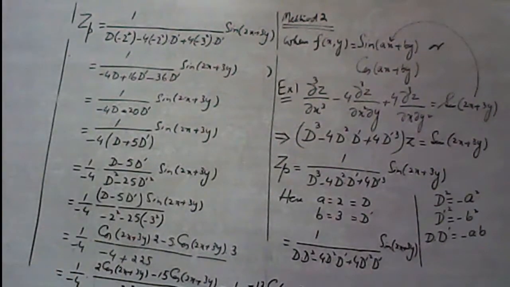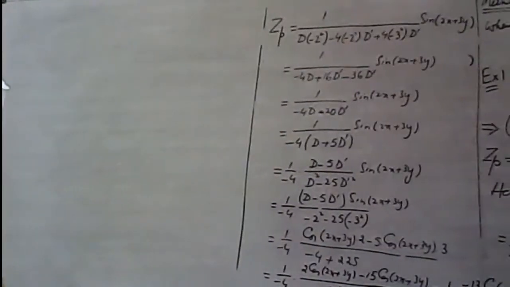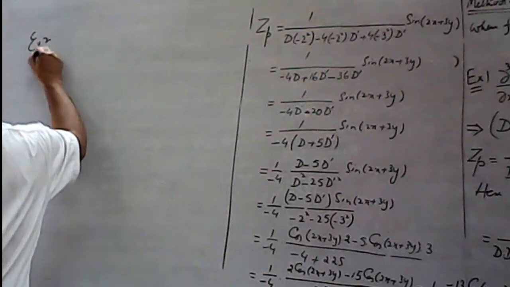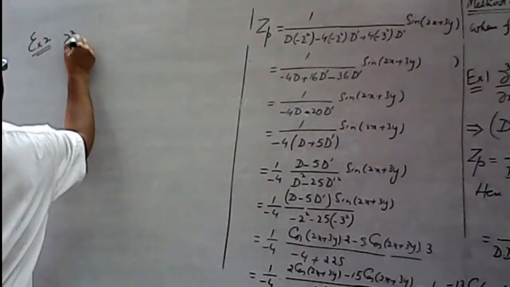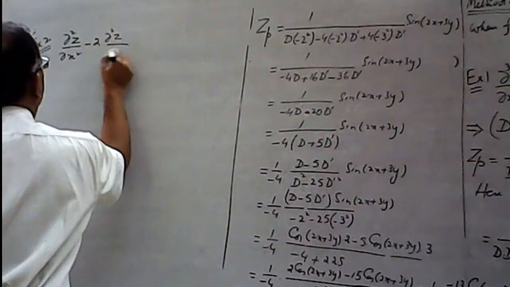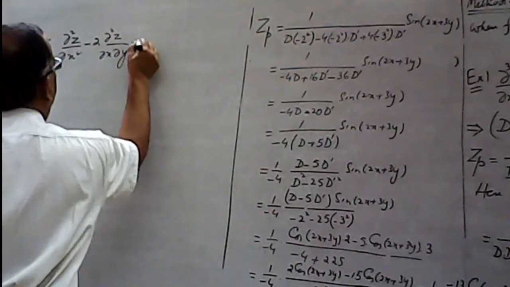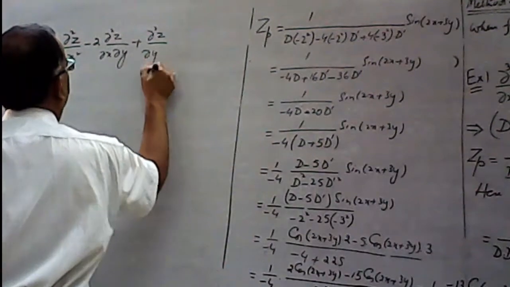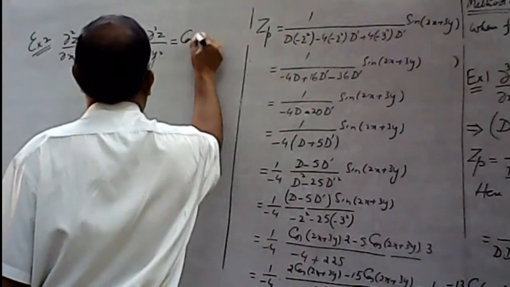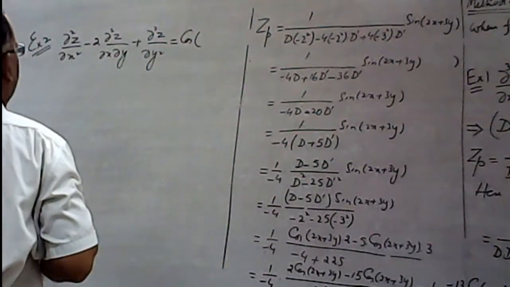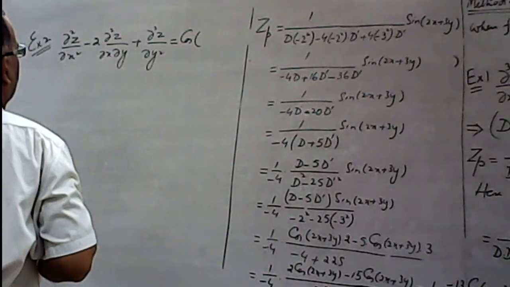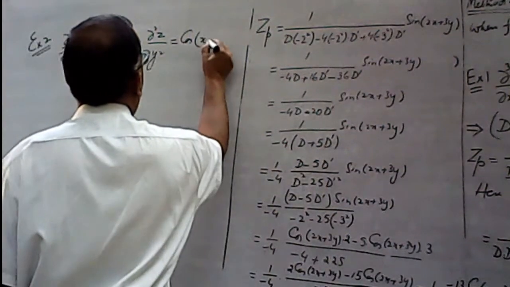Example number 2. Partial 2z over partial x square minus 2 partial 2z over partial x partial y plus partial 2z over partial y square is equal to cos of x plus y.